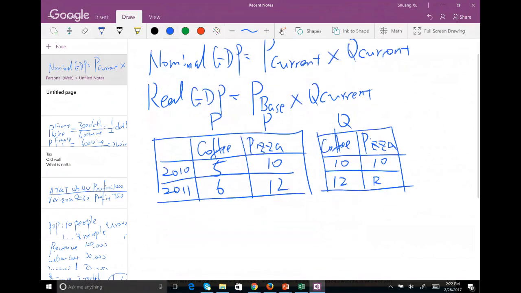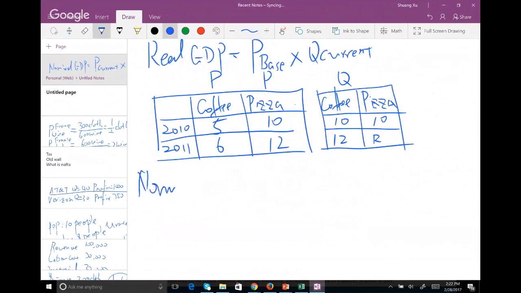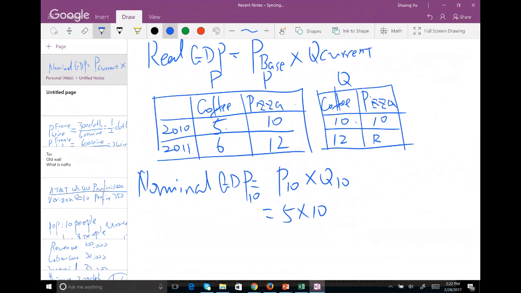If that's the case, then your nominal GDP, let's do 2010 first. That will be your price of 2010 times quantity of 2010. So $5 for each coffee times 10 coffees, plus $10 for each pizza times 10 pizzas. So this would be a total of 150.